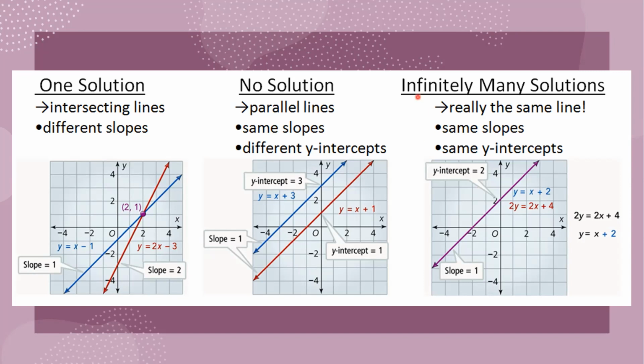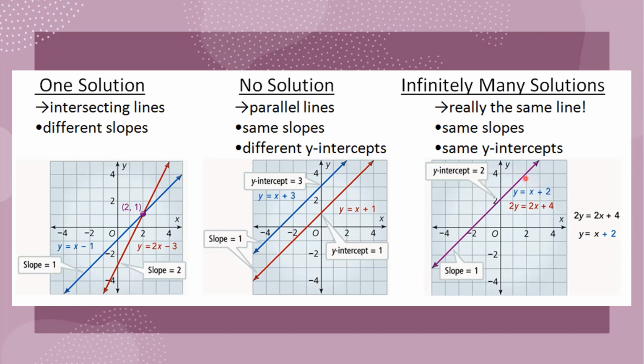And then the third type of solution is infinitely many solutions. That happens when you discover that both of your equations really end up being the exact same line. And we can see here it's in purple because if you lay a blue line on top of a red line, blue and red make purple.